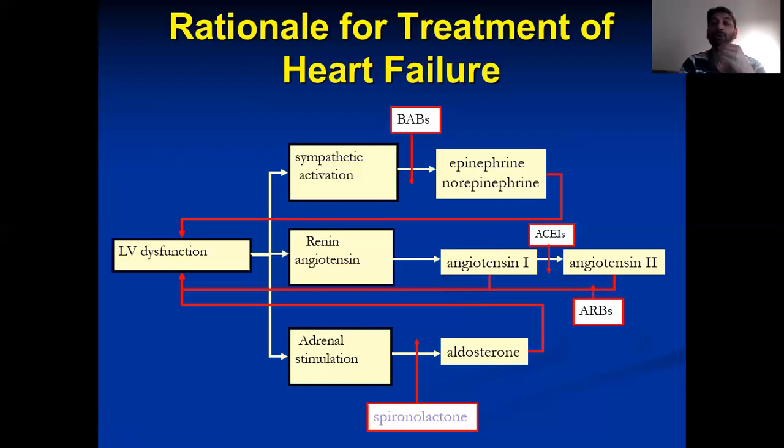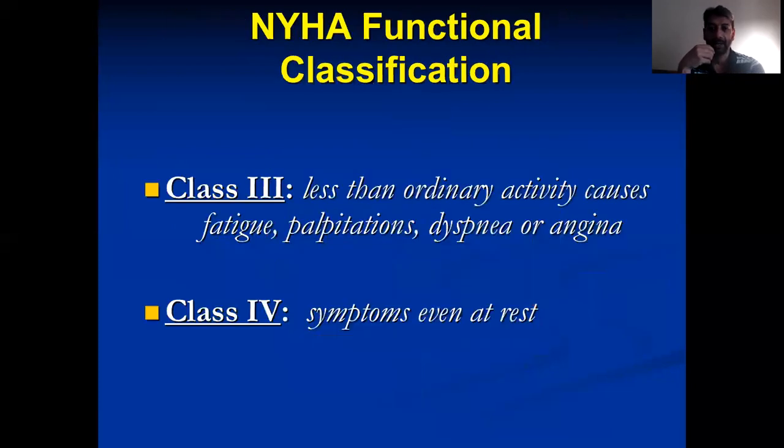That can also be used in place of ACE or ARB, which is a combination of ARB and neprilysin inhibitor. Neprilysin is an enzyme which degrades beta natriuretic peptides, and by inhibiting that neprilysin, you're increasing the amount of beta natriuretic peptide and keeping it for a longer period of time in the system. So that is again a drug.